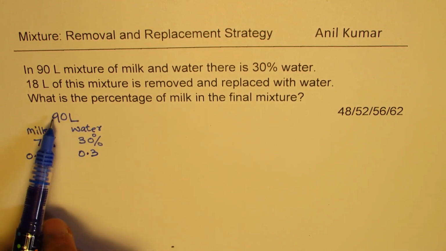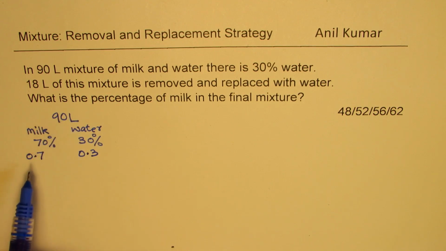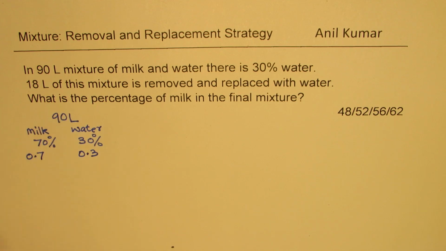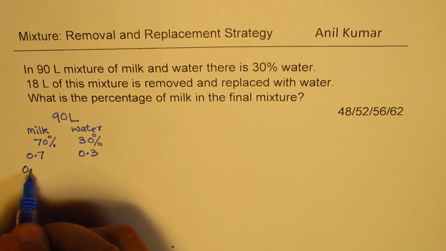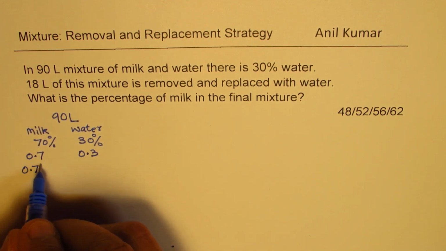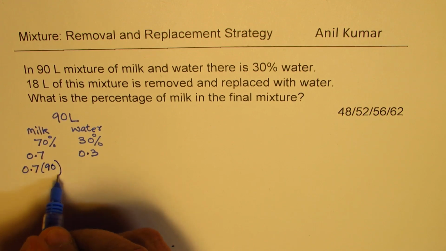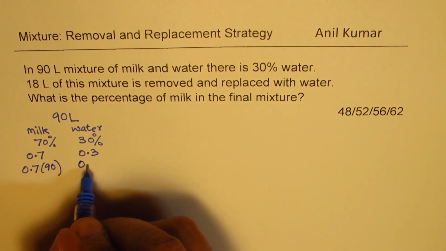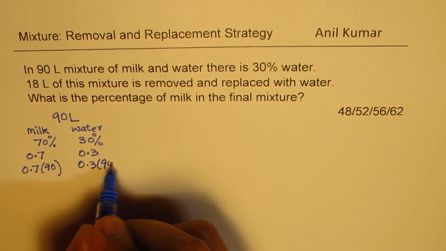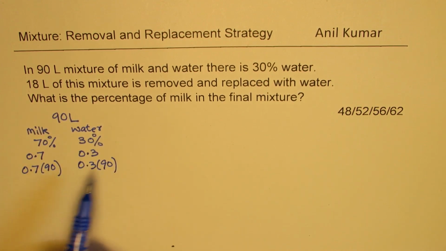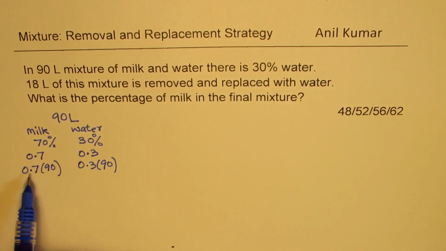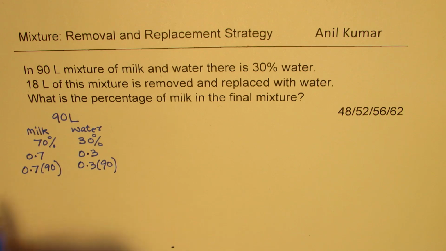So from 90 liters, how much is the milk? Well, 0.7 times 90 is the milk, and we have 0.3 times 90 as water. That is the quantity of water. So when you multiply, 9 times 7 is 63.